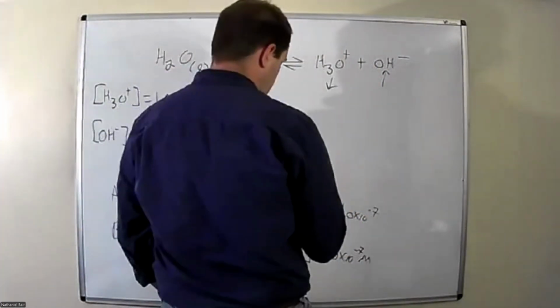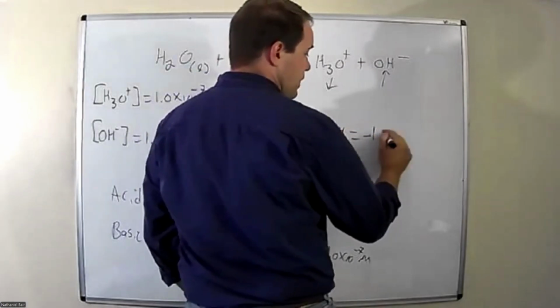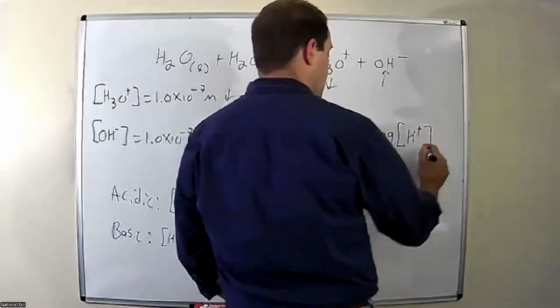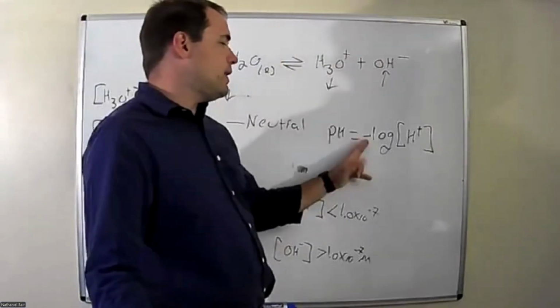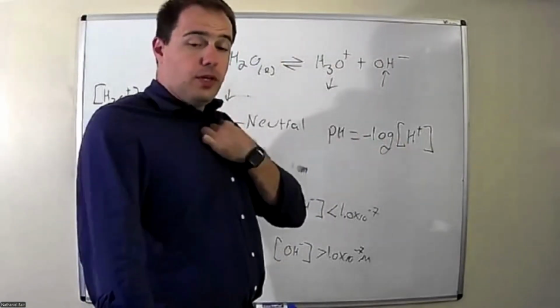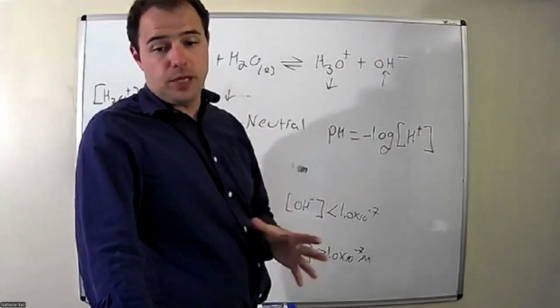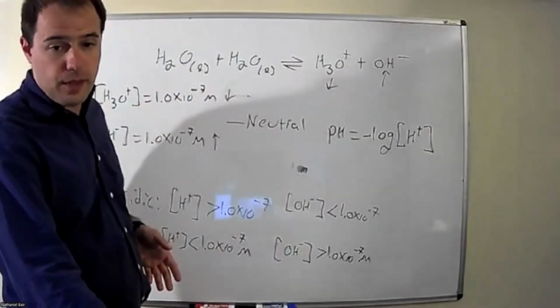They say we could define the pH of a solution as the negative log of the hydronium ion concentration. So if you take the negative log of your H plus ion concentration, then you could calculate the pH. And what it'll do is it'll eliminate the scientific notation, and it'll eliminate the need to compare it to this.